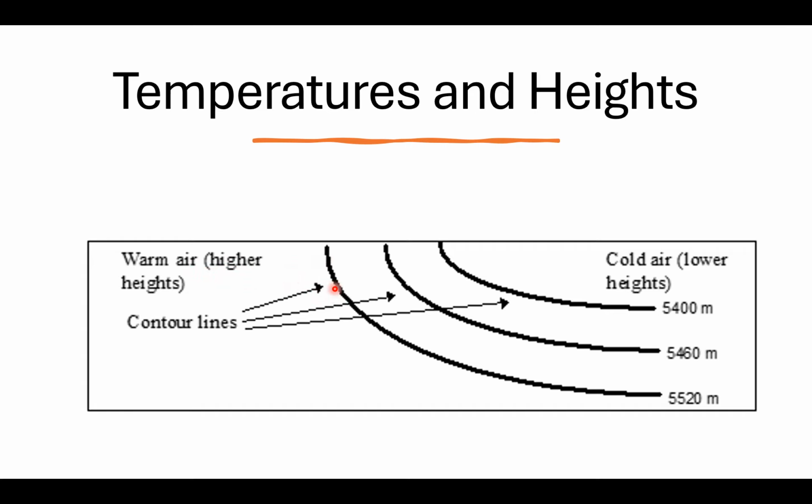So we may be around 5,520 meters at this location, or 552 decameters. So just keep that in mind. We look at these upper level constant pressure charts to determine where these heights are, and the lower the height, the colder the temperature, and the higher the height, the warmer the temperature.